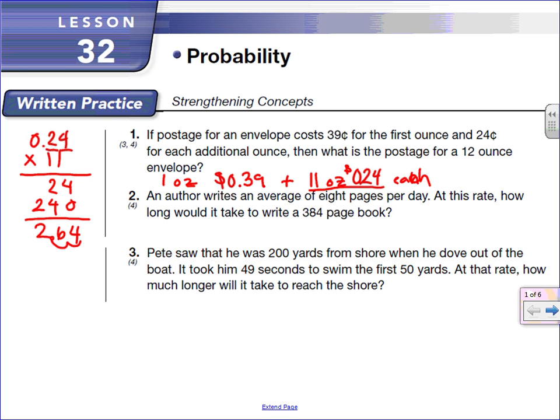So we have 39 cents on top of the 264 from the 11 additional ounces. So we take 264 plus 39 cents. So we have 13, 10, and 3, and we bring the decimal point down. So it is $3.03.